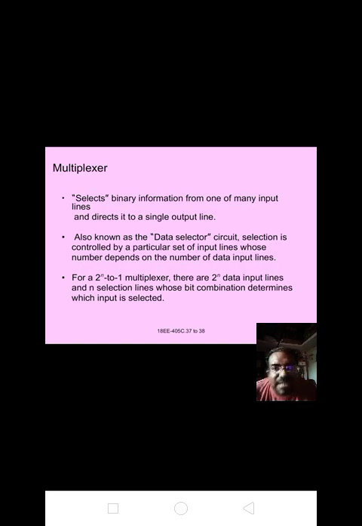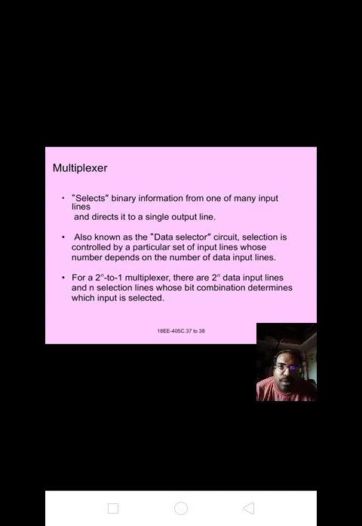A multiplexer selects binary information from one of many input lines and directs it to a single output line. It is also known as the data selector circuit.